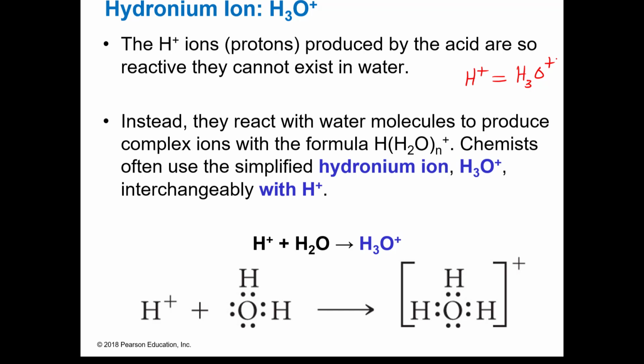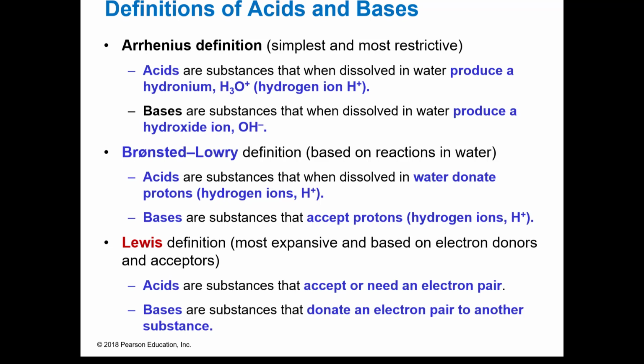So that's why you'll see the H3O plus and the H plus used interchangeably. But where this hydronium ion comes from is that you have the H plus added to your water, and that forms H3O plus. When you're acidifying the water, that hydrogen adds to the water molecule and forms the hydronium ion.